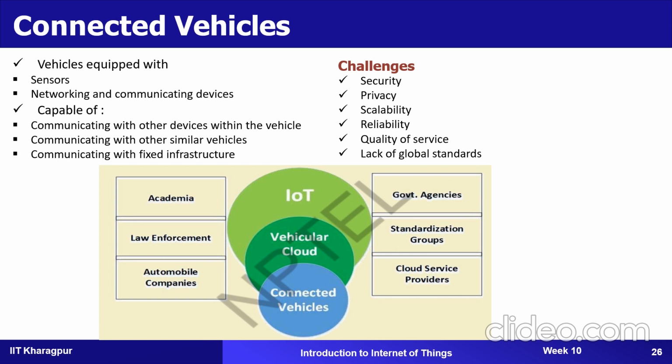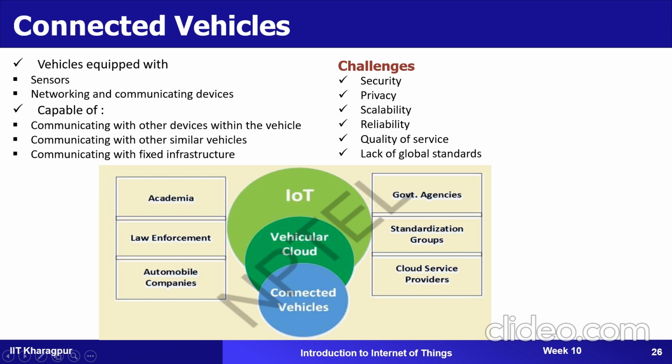Now the connected vehicles. So connected vehicles means the vehicles which are equipped with sensors and networking and communicating devices. So these are capable of communicating with other devices which are present within the vehicle, communicating with other similar vehicles and communicating with the fixed infrastructure.